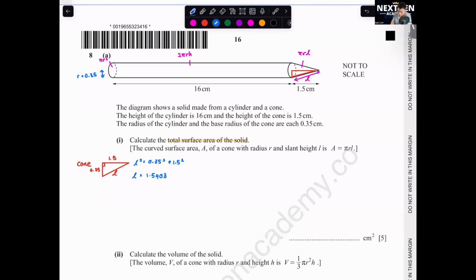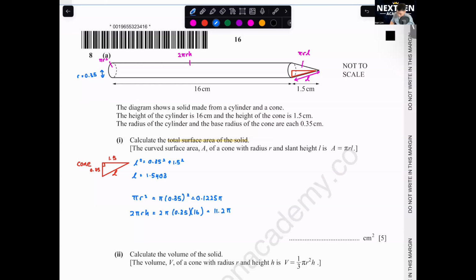Once you do this, you can either break it down or write all of it into one equation. If you're not confident, just break it down. Pi r squared, I already wrote on top, which is pi times 0.35 squared, so 0.1225 pi. 2 pi r height: 2 times 0.35 times 16 gives 11.2 pi.